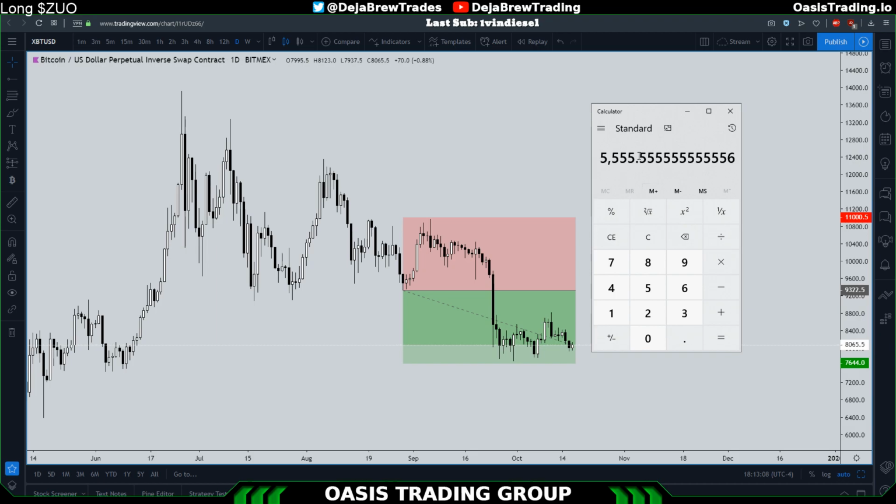So an easy way to determine this is, okay, let's say that I have a $10,000 account. I don't want to lose any more than 2% of my account. Okay? So if I don't want to lose more than 2% of my account, I don't want to lose more than $200.